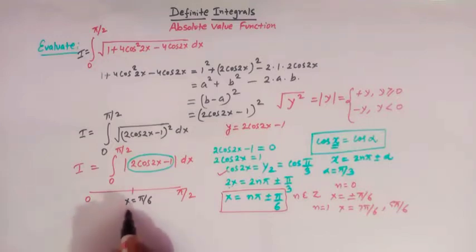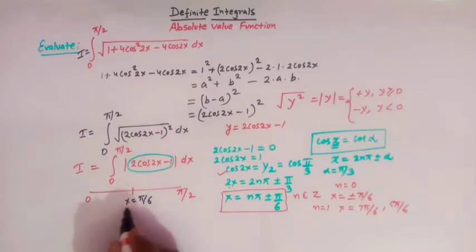So we'll consider only x equal to pi by 6. When we find the integrals of an absolute value function, these points are required to break the limit.